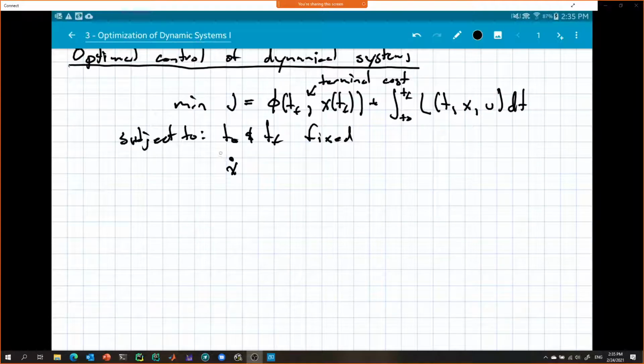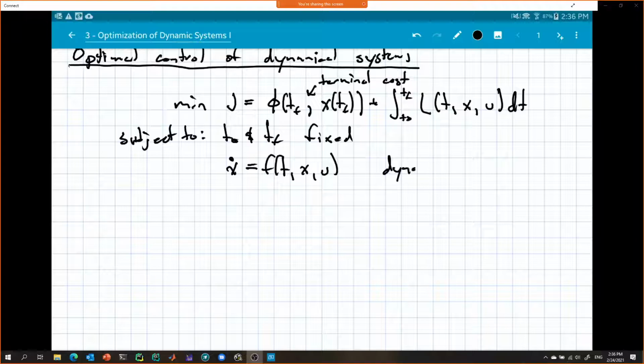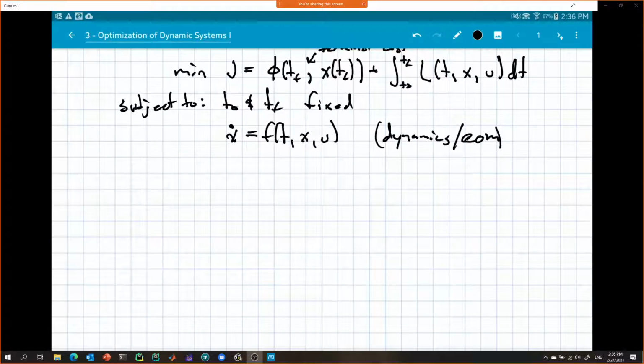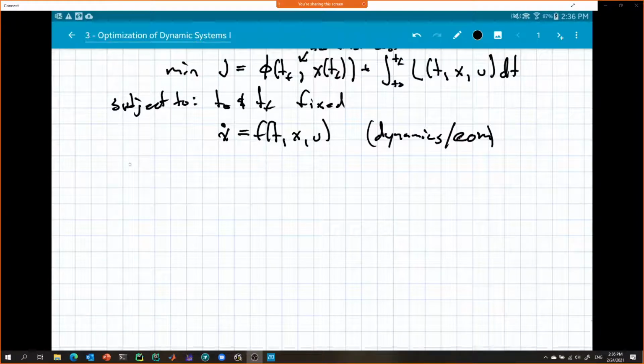We have x dot equal to f. From now on, I'm going to refer to f as the dynamics, or also the equations of motion. So you might guess, we want to hold this constraint.